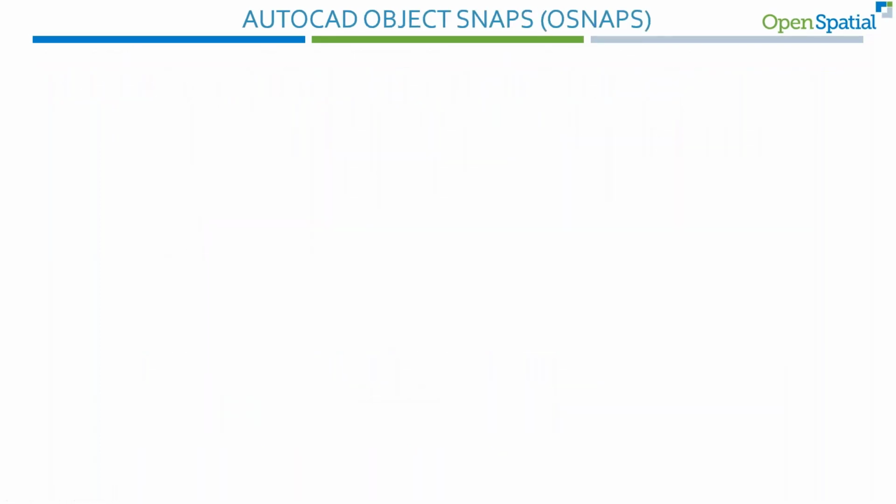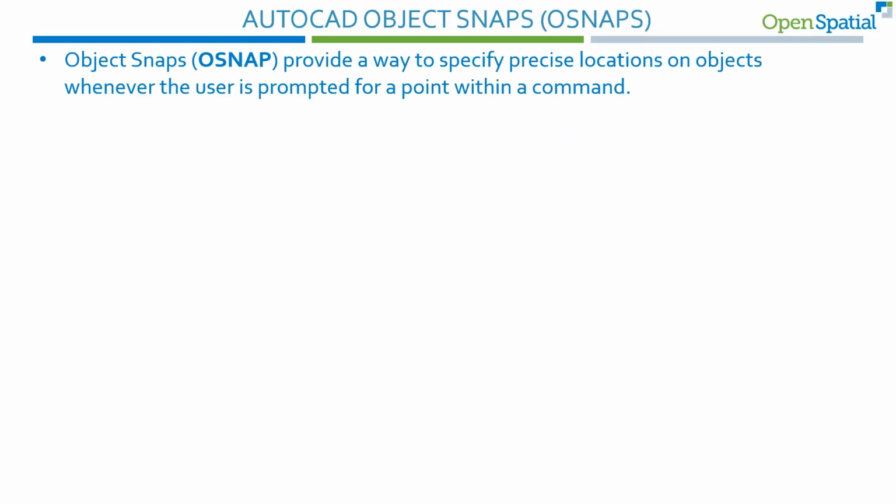So the last thing that we want to look at is the object snaps, to specify precise locations on objects whenever a command prompts for a point.